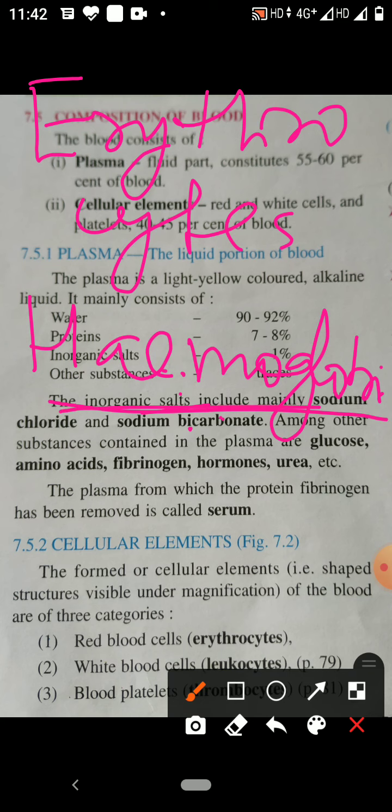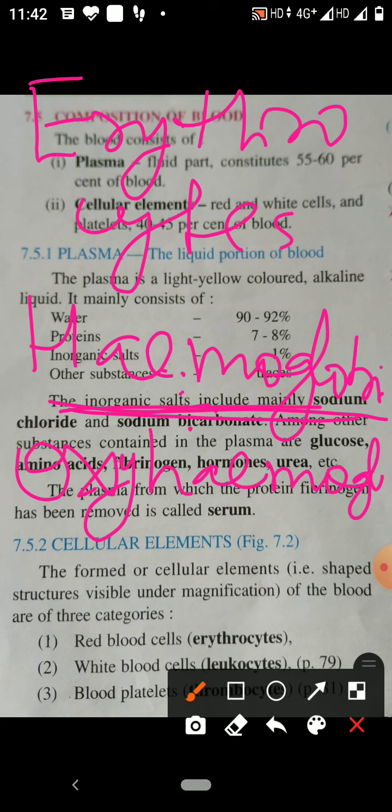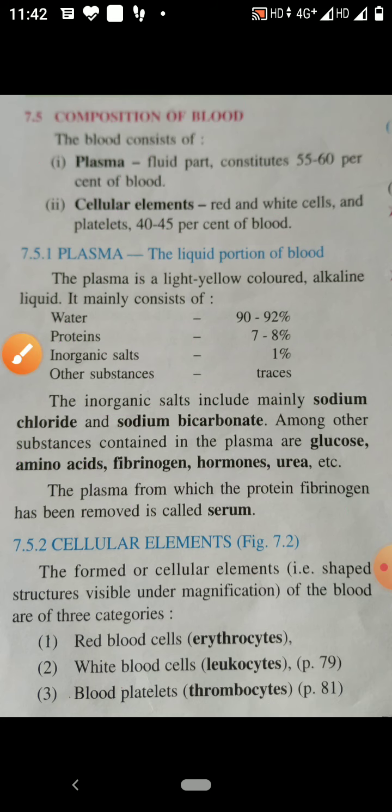Hemoglobin is made up of an iron containing part, hemin, and the protein globin. When it combines with oxygen, it is called oxyhemoglobin. When it combines with carbon dioxide, it forms carbaminohemoglobin.